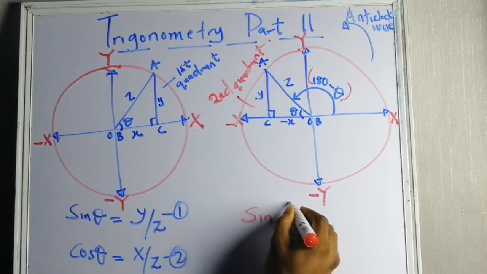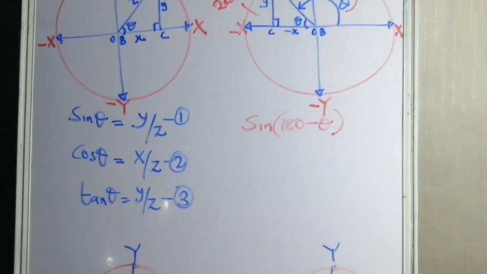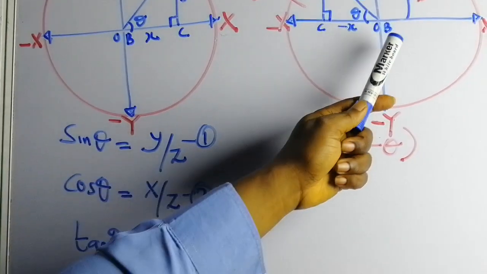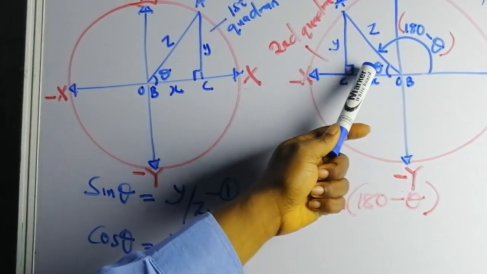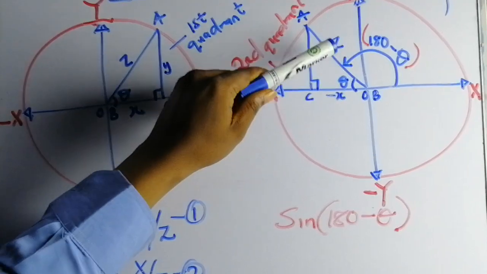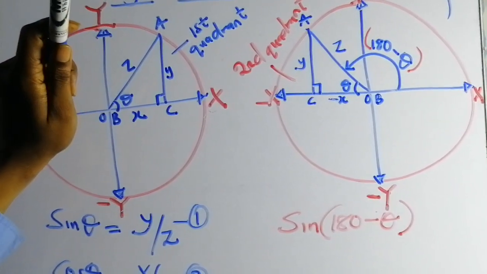This is sine 180 minus theta. Don't forget, we are moving anti-clockwise. You know, an angle on a straight line is 180. And they've given you this theta, so I can get from here to here. Very simple. That is circle geometry.